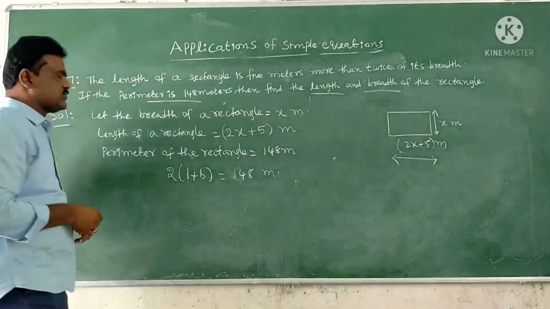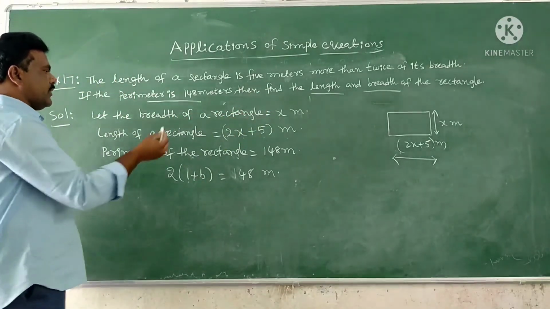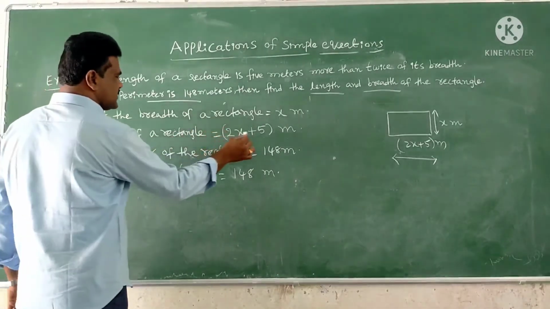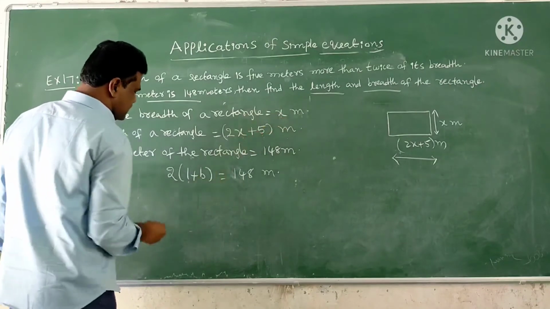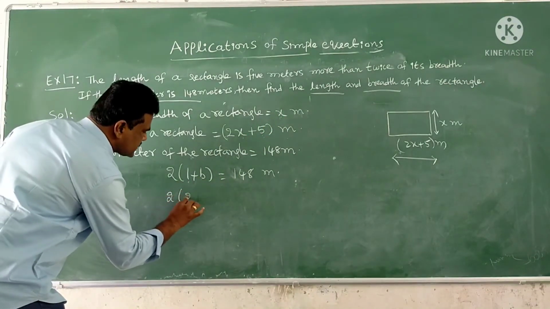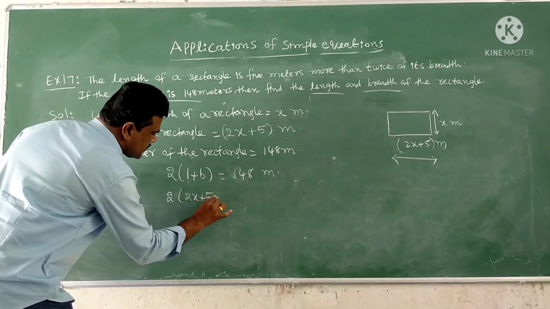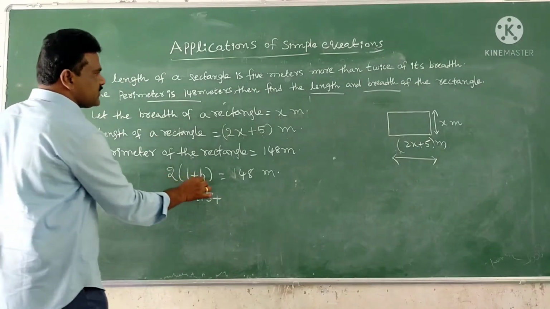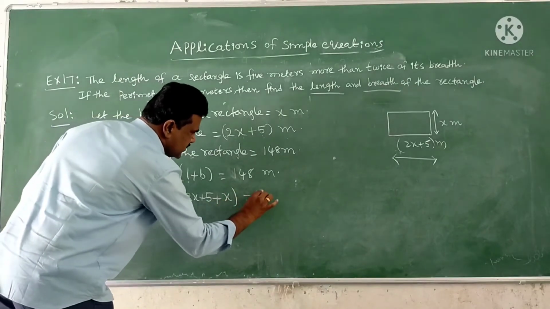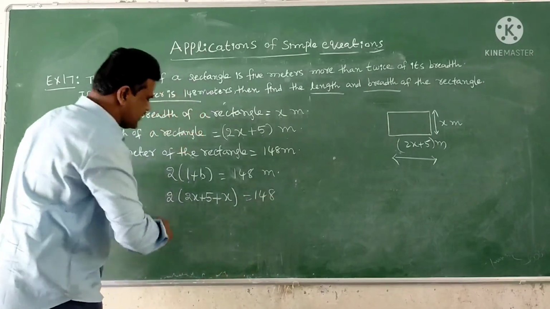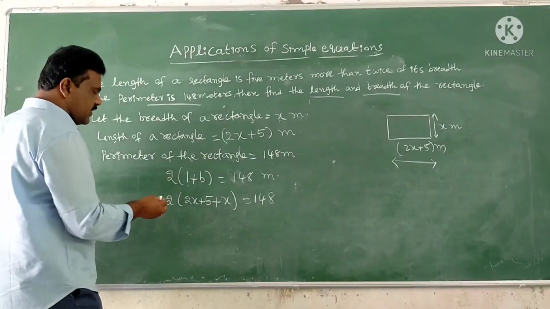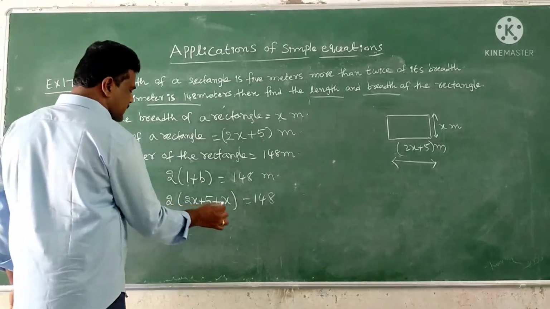So, substitute length and breadth in this formula. The length is 2x plus 5, breadth is x. Therefore, 2 into (2x plus 5 plus x) is equal to 148. Here, add the like terms, 2x plus x, which is 3x.